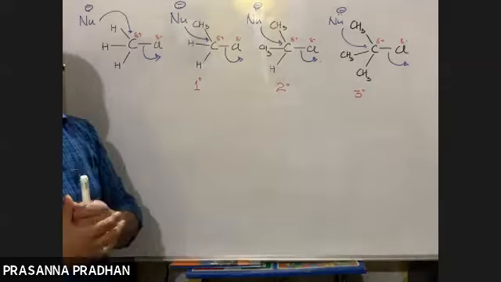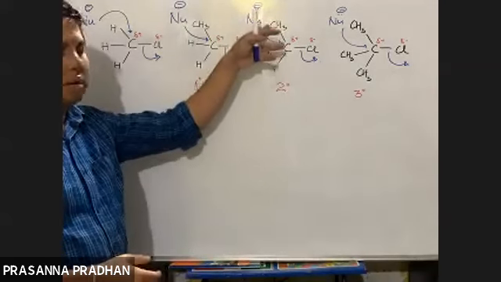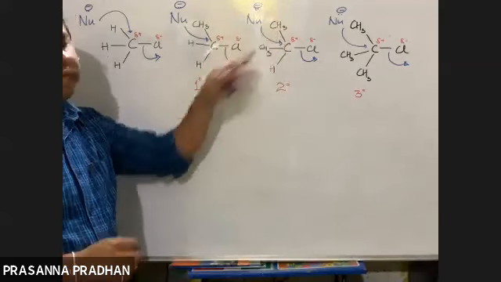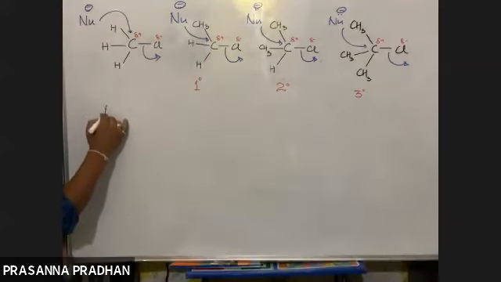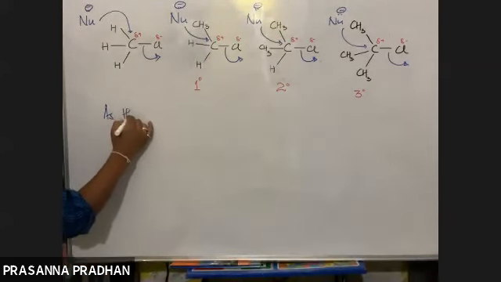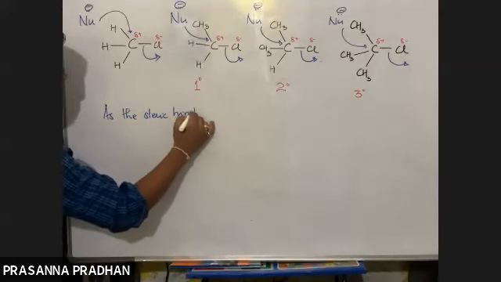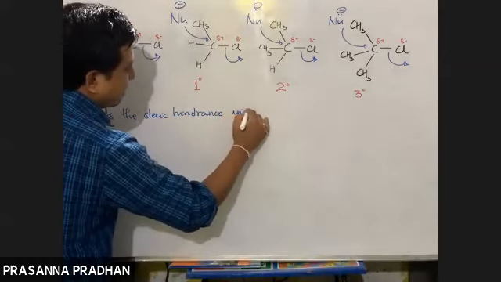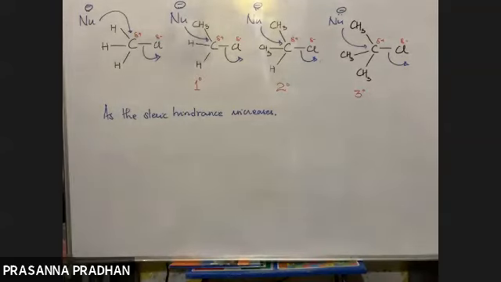hindrance increases. With the increase in the size, with the increase in the bulk of these groups, or with the increase in the steric hindrance, the attack of the nucleophile becomes more and more difficult. So yes, I can conclude now, as the steric hindrance increases, it becomes more difficult for the nucleophile to attack the carbon atom.